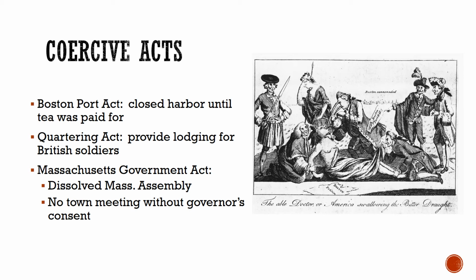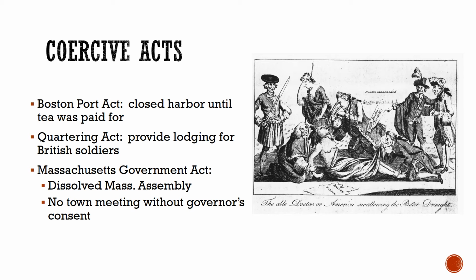The Quartering Act requires the local authorities to provide lodging in the city for British soldiers, and the Massachusetts Government Act made all of the colony's civic officers appointed rather than elected, and no town meeting could be held without the royal governor's consent.